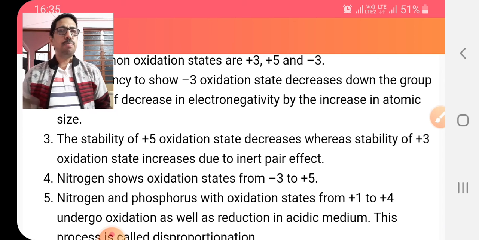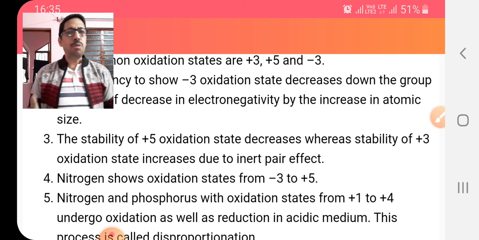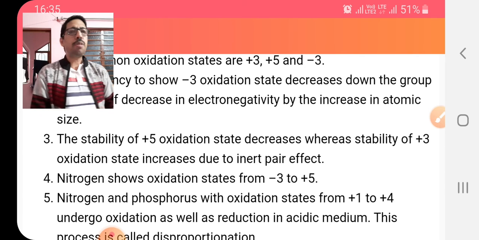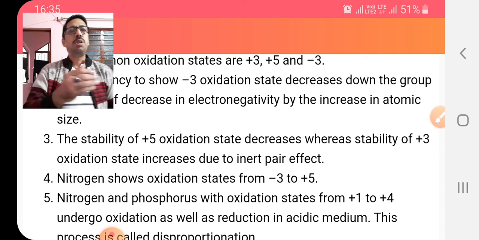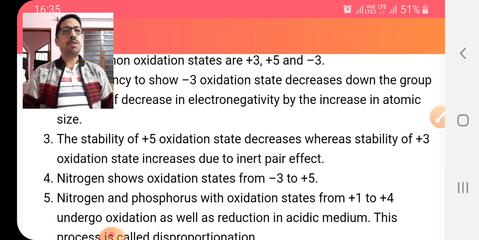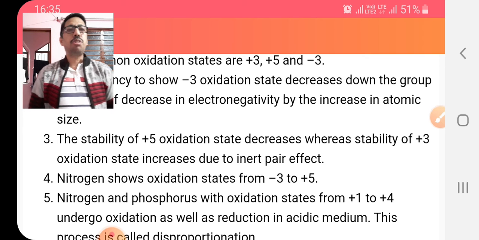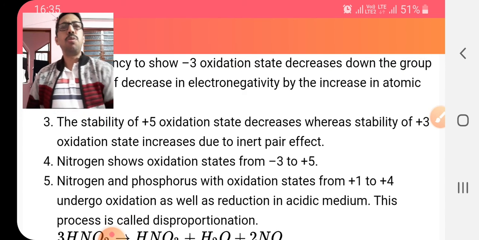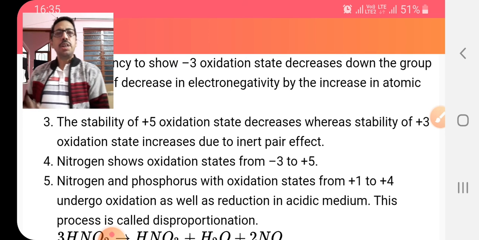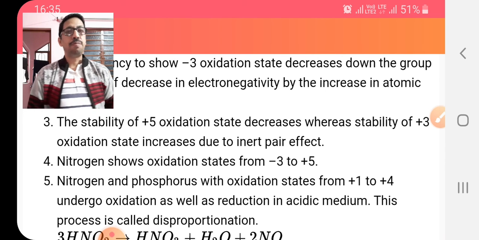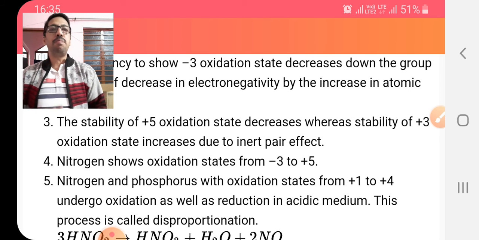There are various compounds of nitrogen known in which its oxidation state ranges from -3 to +5. Nitrogen and phosphorus with oxidation states from +1 to +4 undergo oxidation as well as reduction in acidic medium.